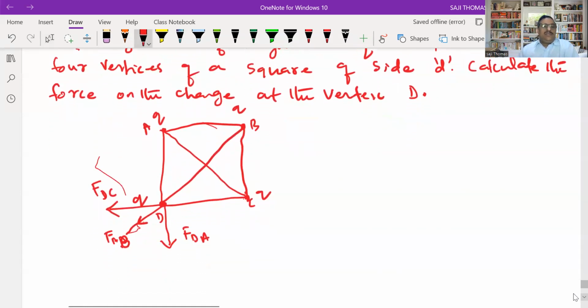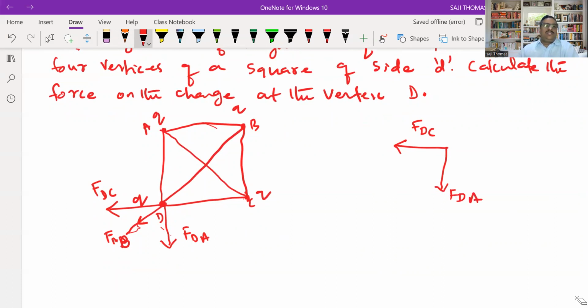Now listen, you see FDC and FDA. They have a resultant. This was FDC, right? And this was FDA, right?